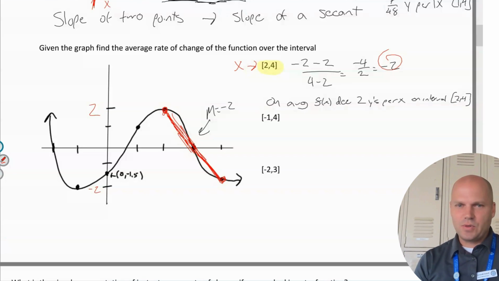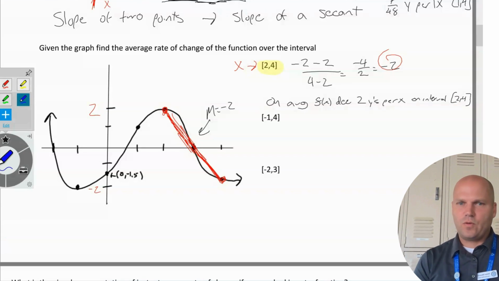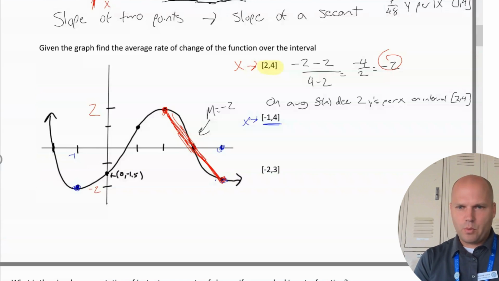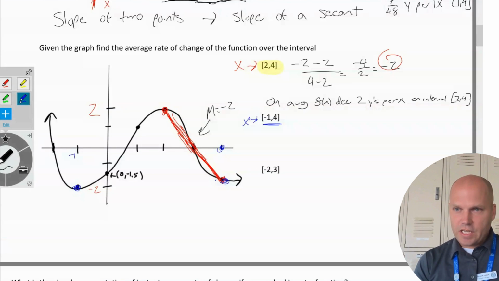Okay, let's do another one from -1 to 4. That's an x interval. Here's x is -1. Here's the point, -2. And here is x is 4. Here's the point. We're going to call that -2. I don't want to deal with fractions. So we can see, this is a good example. This line is horizontal.